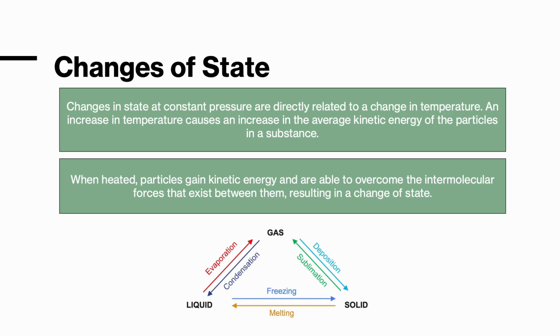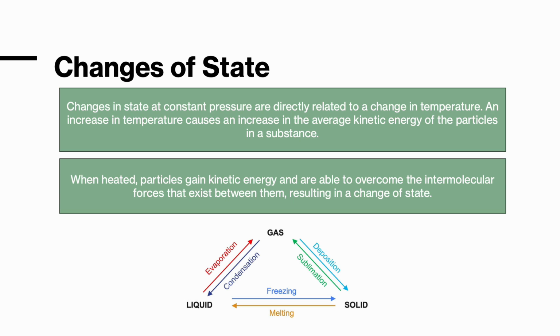This diagram here outlines the changes of state. Going from left to right, evaporation is from a liquid to a gas, and this requires the absorption of energy. The reverse of this is condensation, from a gas to a liquid, and this releases energy. From a liquid to a solid is freezing, and this releases energy.